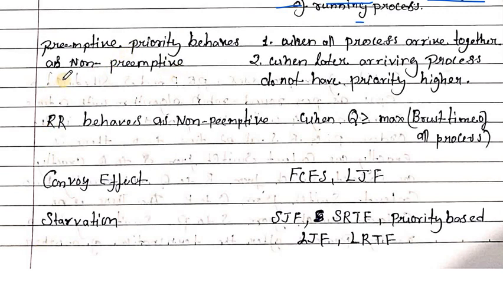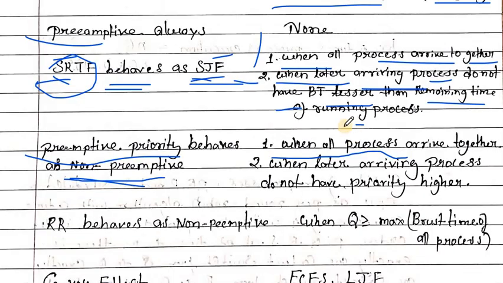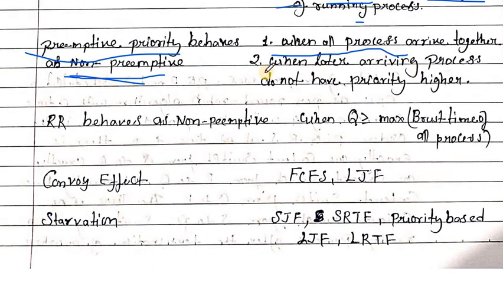The preemptive priority behaves as non-preemptive when all processes arrive together, same as above, and when a later arriving process won't have higher priority. Simply, if a later arriving process does not have a higher priority, then why would the process be preempted?